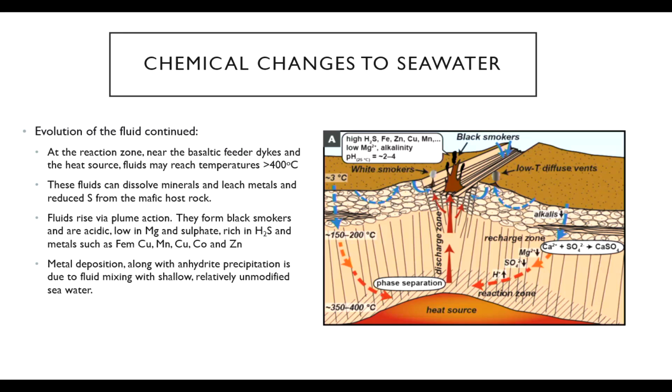So copper, potentially gold, probably in the recharge zones, and then out of the black smoker is where we interact this hot fluid with cold seawater of a different oxidation state, of a different salinity, and a different temperature. The solubility of those metals changes, and they are lost to the system.